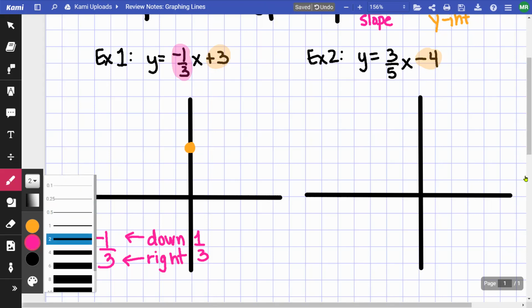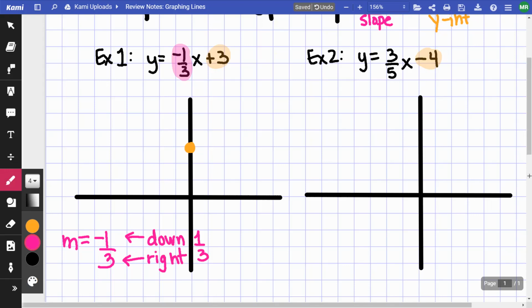So we are going to be starting at 3, going down 1, right 1, 2, 3. Okay. And that's where I'm going to be putting that point. Then I'm going to connect this with a line. And there you go. There's our graph.